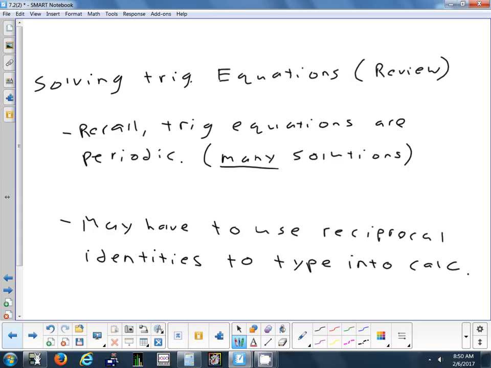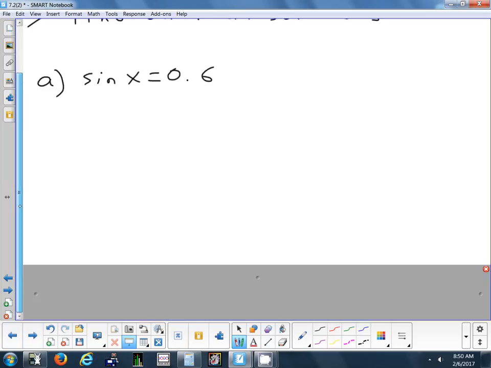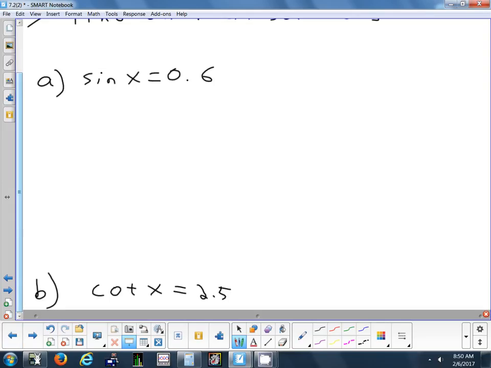So since there's infinitely many solutions, you obviously can't write them all down. We've talked before about how you can represent all solutions in general. So we'll get to that in a second when we solve this problem. See if we remember how to do that. If they're asking you to solve a problem like this one, you don't have an inverse cotangent button.